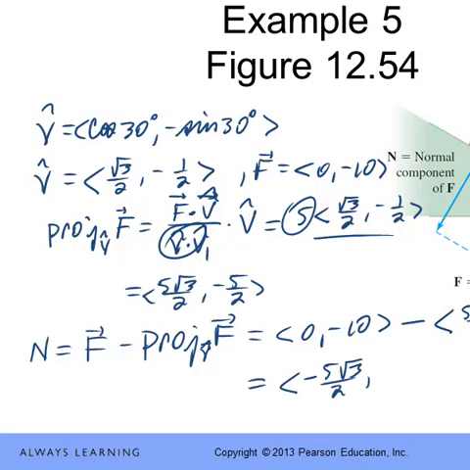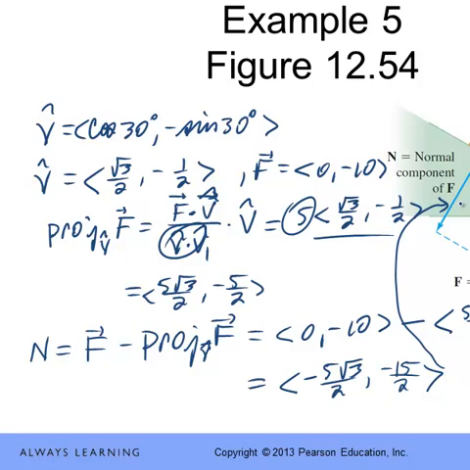In other words, negative 20/2 plus 5/2, so you get negative 15/2. So this vector right here is the blue vector, which is the normal component.